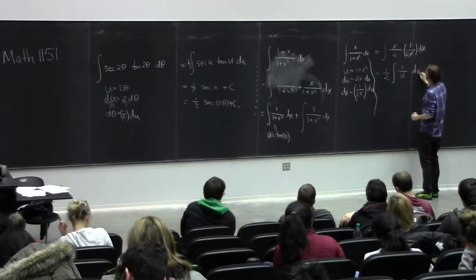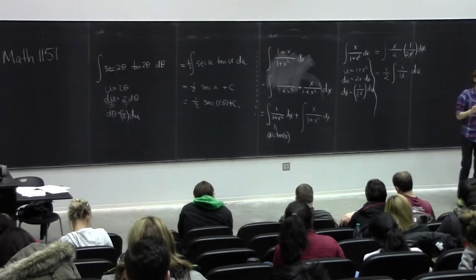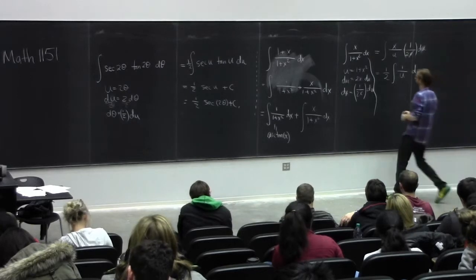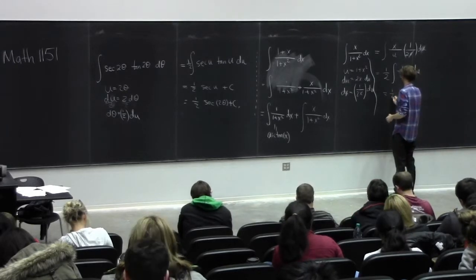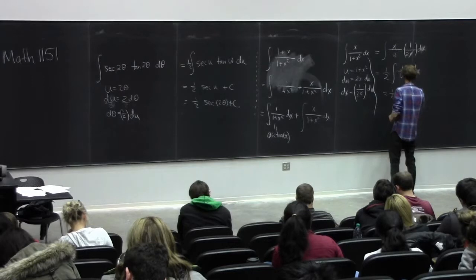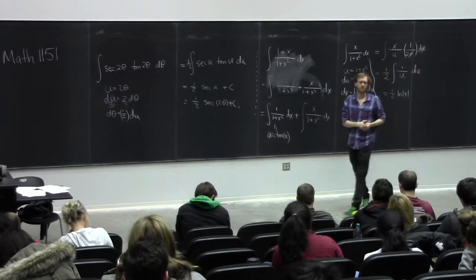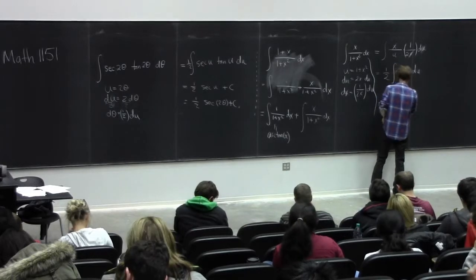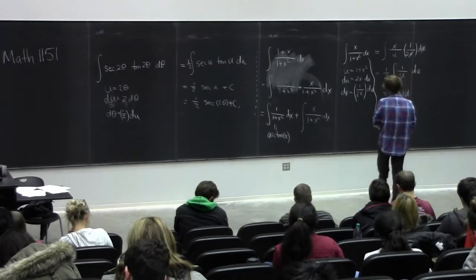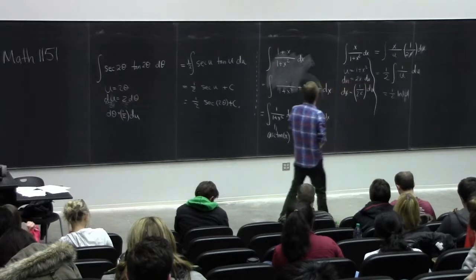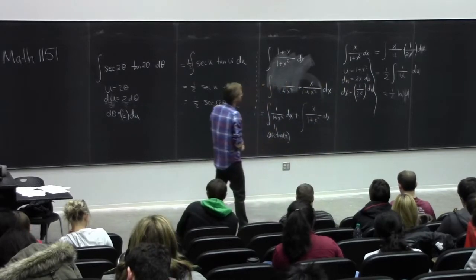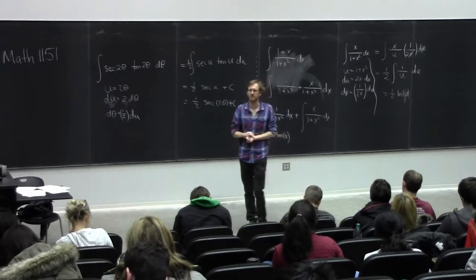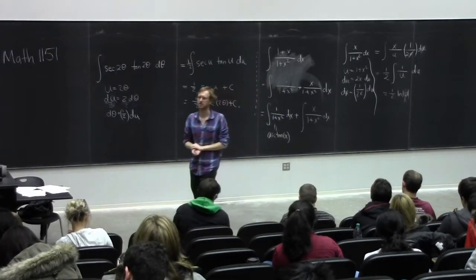Sorry, du. And what's the antiderivative of 1 over u du? Natural log of absolute value of u, isn't that right? 1/2 like that? Oh, that's so nice, because tell me about 1 plus x squared. Tell me some fun factoid about 1 plus x squared.